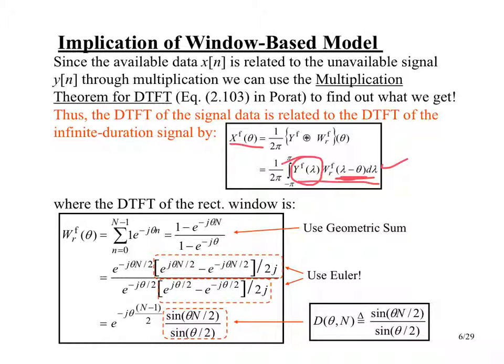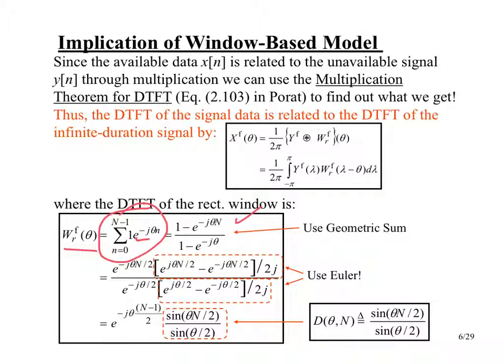And to just get an idea of what this window function looks like in the frequency domain, we've been down this road already, but let's do this again. We have the DTFT of the window function. It's just one values from n equals 0 out to capital N minus 1, and we're just taking the DTFT of that.